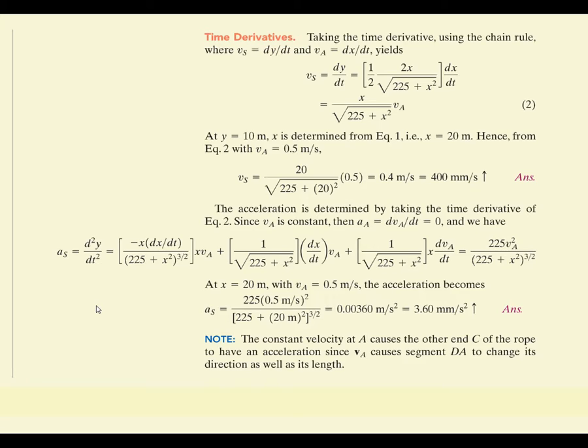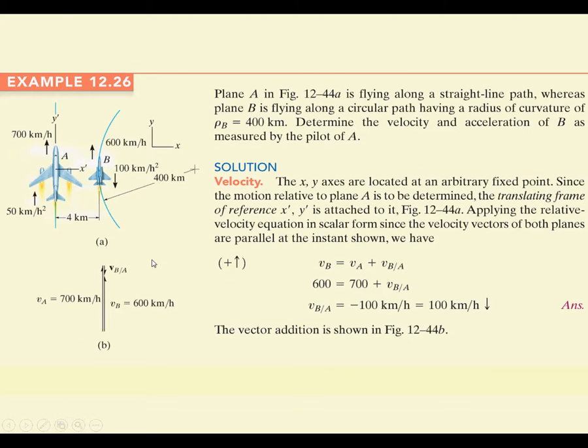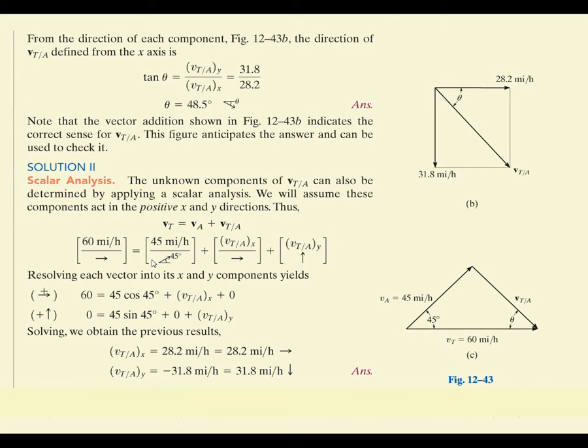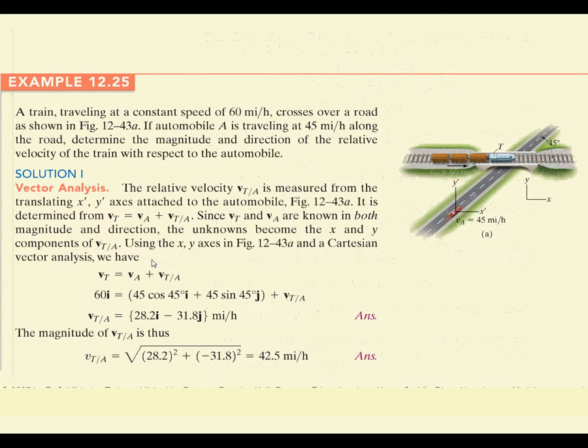The acceleration is... I think we have the answer here. The magnitude of the velocity of the train with respect to the automobile would be the magnitude of the relative velocity, and that would be the answer.